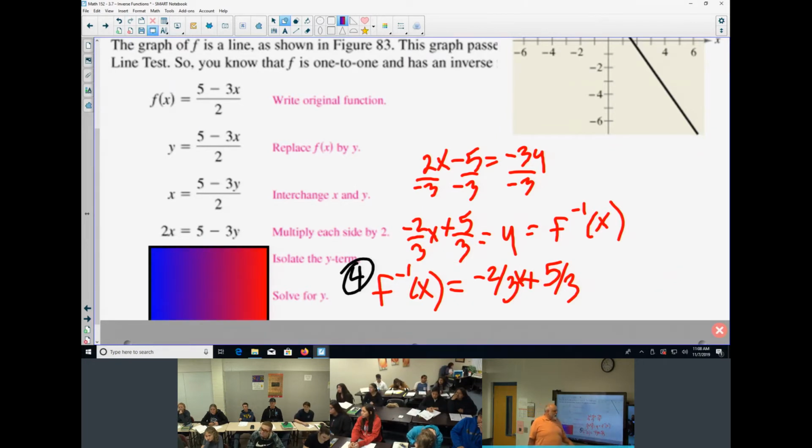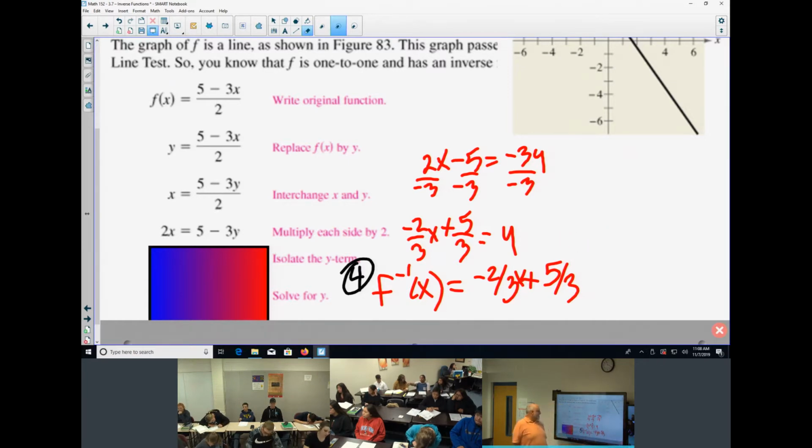So the last step is you just say f inverse x is negative 2/3 x plus 5/3. All right. So go ahead and try practice 3A.